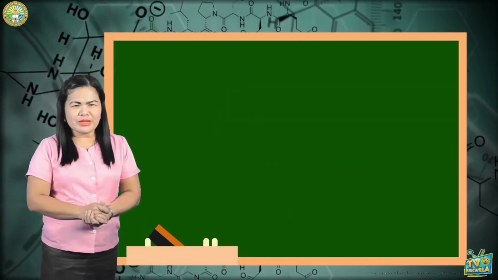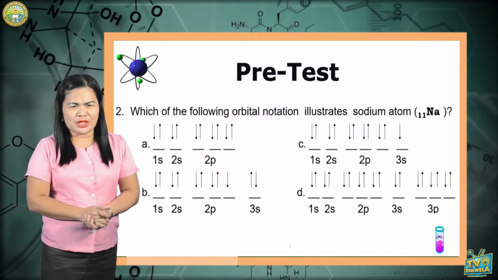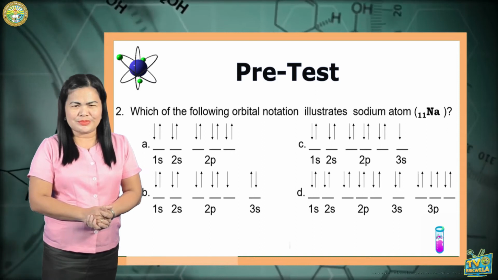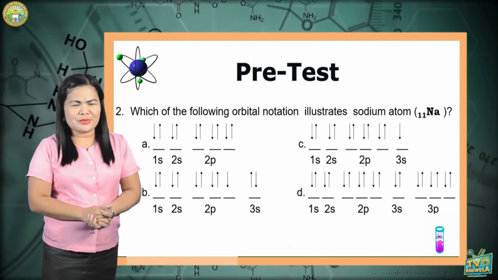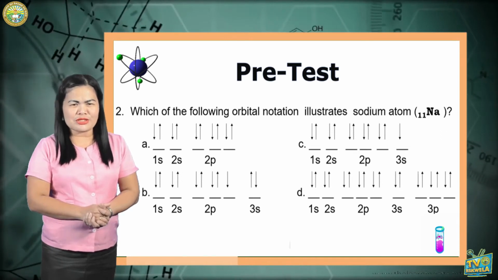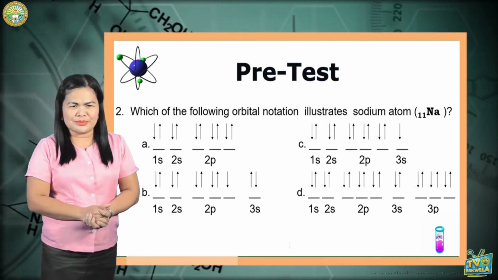Number 2. Which of the following orbital notation illustrates sodium atom?